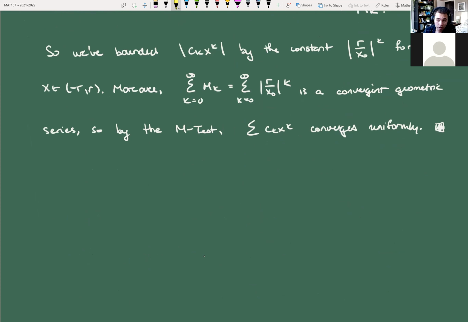Okay, so immediate corollary. You might say, well, that kind of sucks. It'd be nice if we had uniform convergence on the entire interval. And I agree, it would be nice, but it turns out we don't really need it.